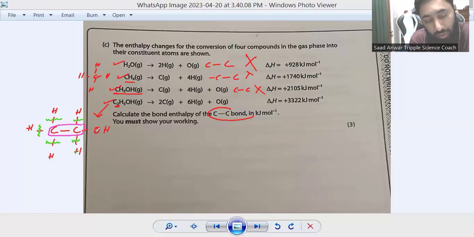And there is a carbon-oxygen bond, so I need this bond enthalpy. And there is an oxygen-hydrogen bond. I need this. Then I can get the bond enthalpy for the carbon-carbon bond.